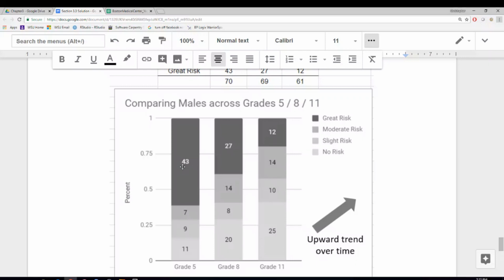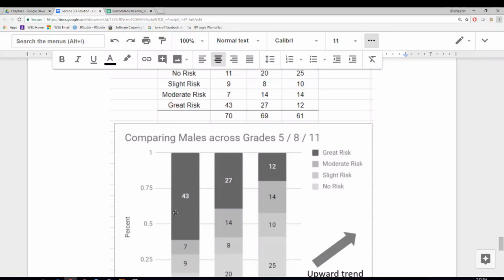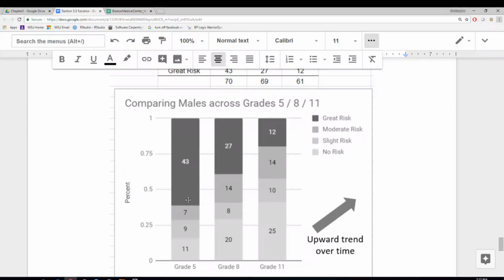But as they get older, as would be anticipated, that proportion goes down. So when you get into grade 8, that 43 people drop to 27 people. If you want to use the percentages, the percentage here was about 60 percent. So 60% of the males in grade 5 think smoking weed's of great risk.